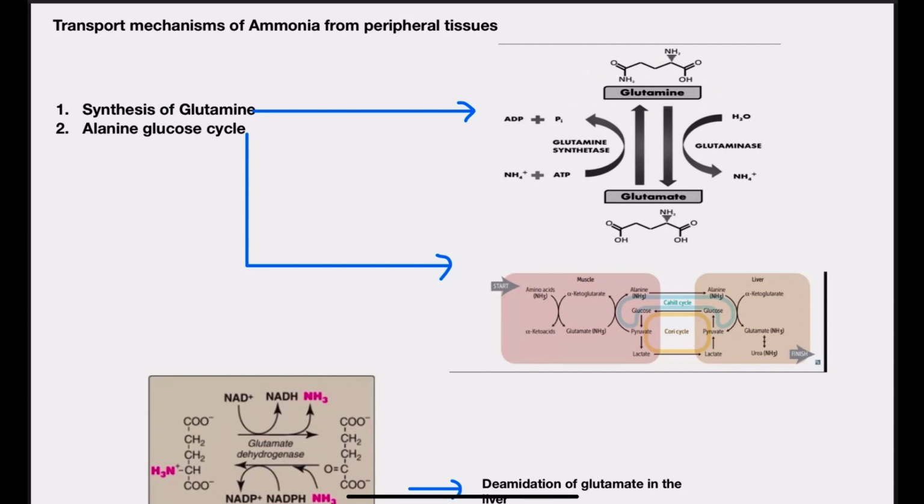Glutamine formed in these tissues is a soluble material that can be easily transferred to the liver. Once it goes to the liver, it goes back to its original form that we want, glutamate, for direct deamination.